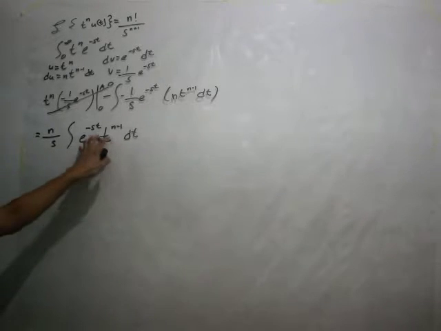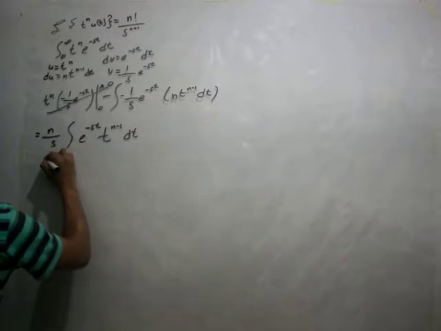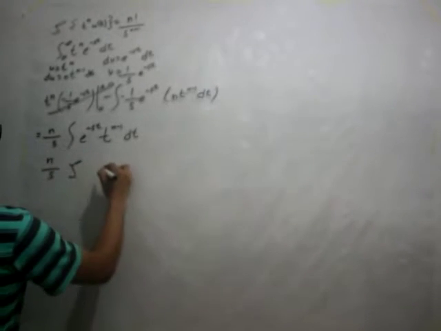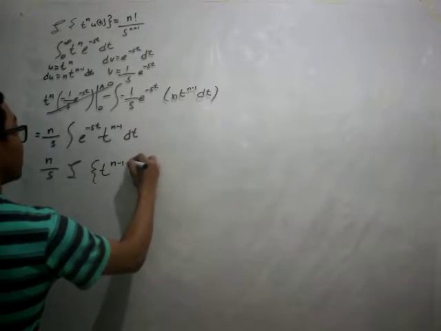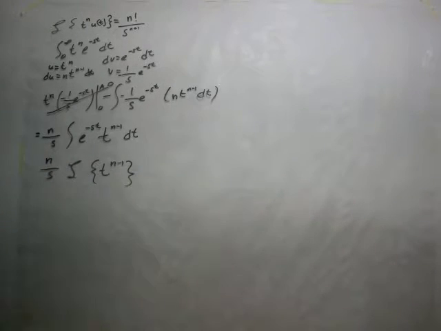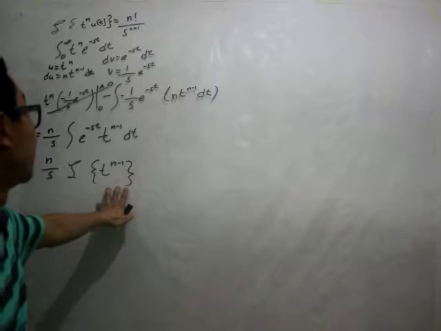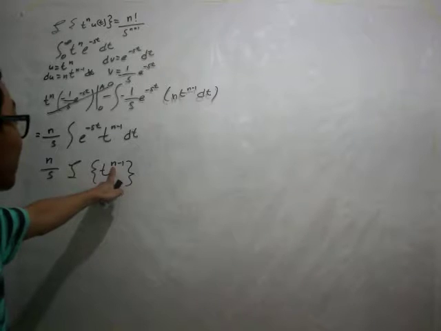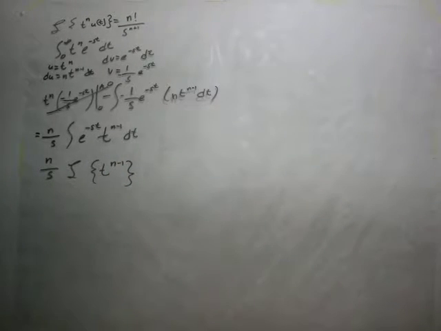So you don't need to integrate it, but instead just equate it by using n over s times the Laplace of t raised to n minus 1, without dt. So you have come up with a recursion equation that you need to apply for multiple values of n in order to solve the final equation.